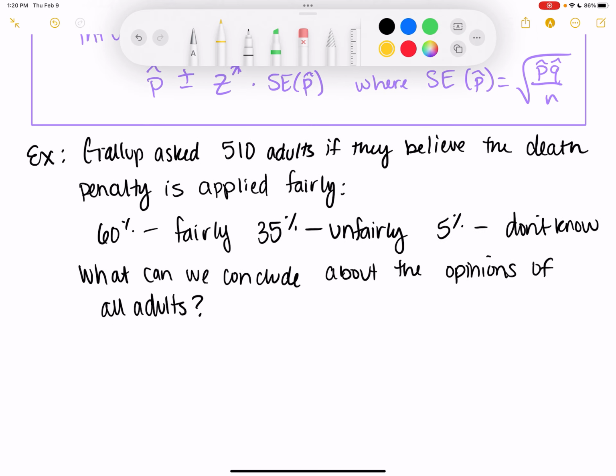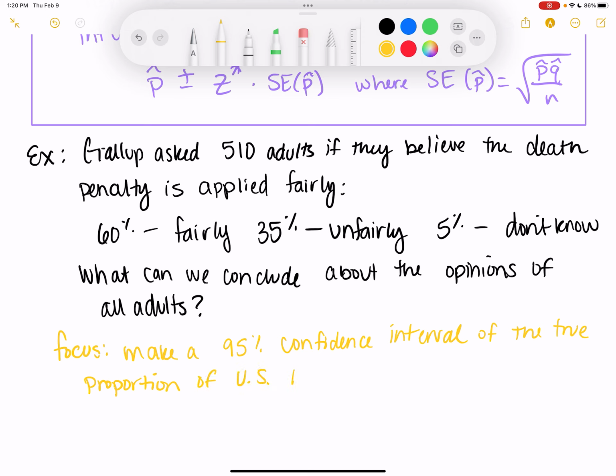Our focus of what we would be trying to do here is to make a 95% confidence interval of the true proportion of U.S. adults who think the death penalty is applied fairly.